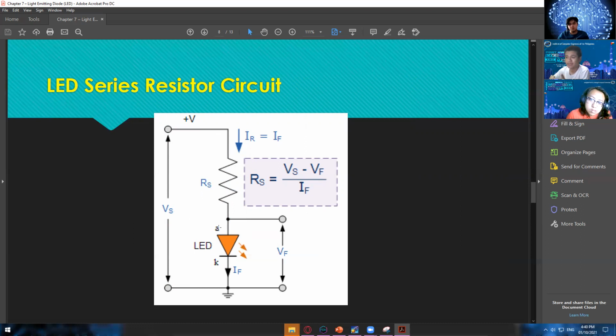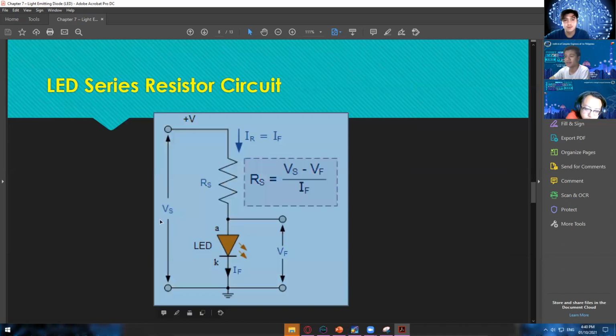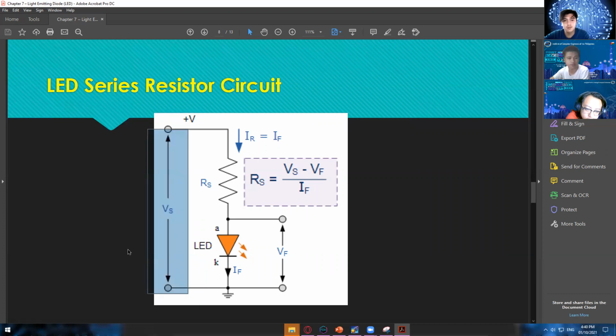So wag na wag yung babalik na rin kasi mapupundi ka agad yung LED nyo. Baka sabihin nyo, baka pwedeng sa baba na lang yung resistor. No. Dapat nasa taas muna yung resistor natin and then sa baba yung LED. So with that, your LED will be safer from sudden fluctuation of your voltage source.